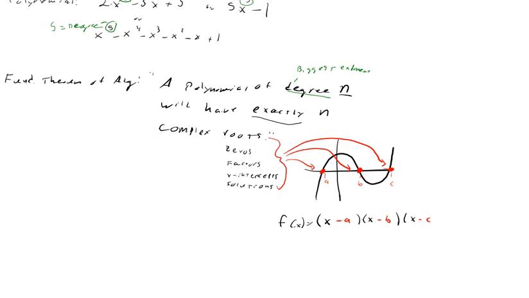Those are the zeros. The roots are these numbers in the parentheses, right? And this parenthesis here is a factor.